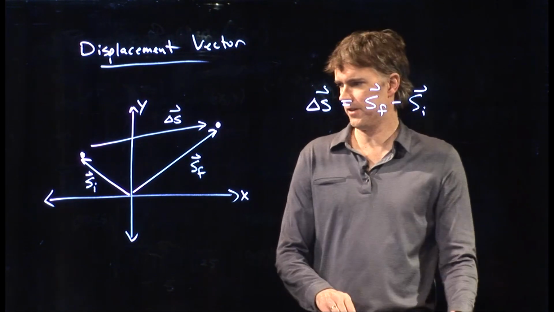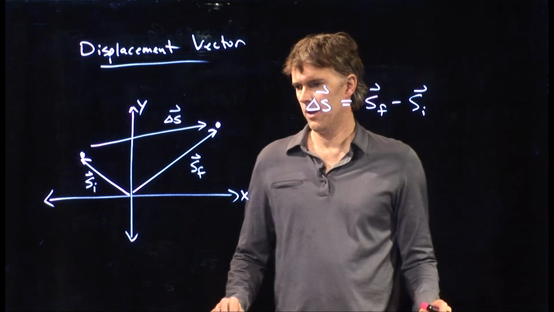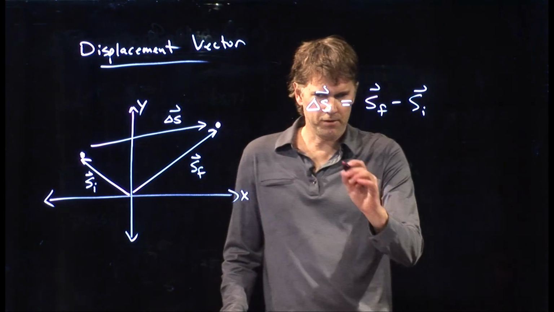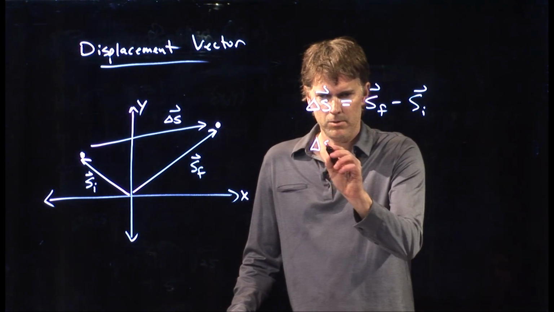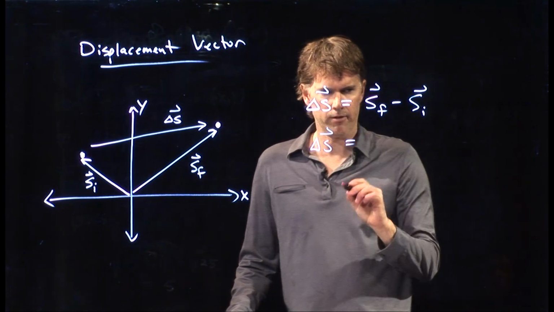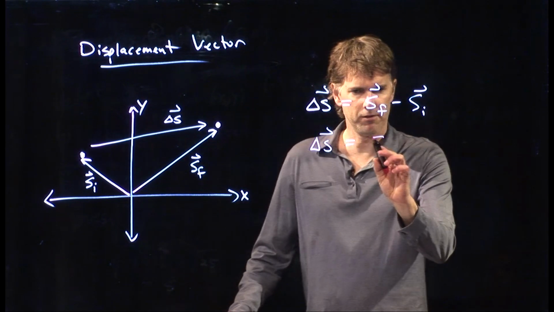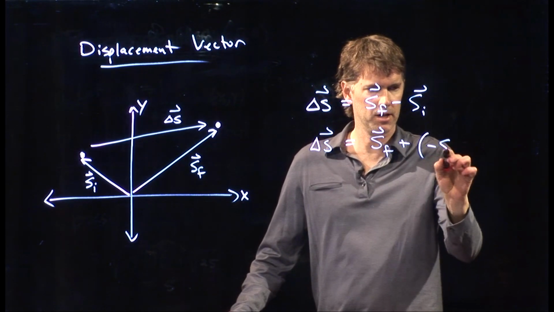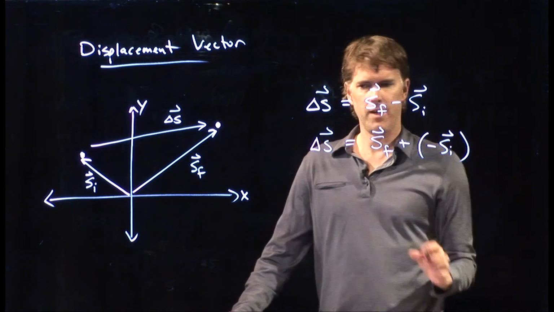Now let's convince ourselves that this is true based on our rules for vector addition. One thing we said was if you are subtracting a vector, it's exactly the same as adding the negative of that vector.